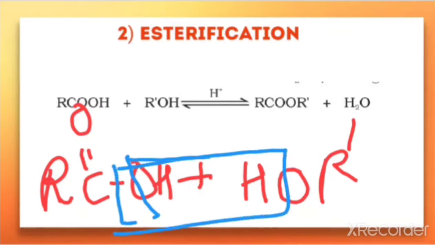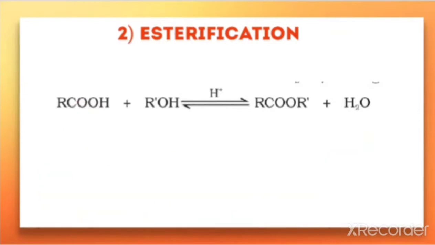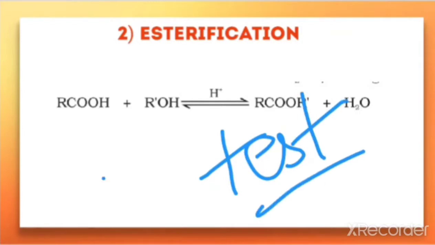And here one H. So what is formed here? Water is formed in this way, that is OH from the acid and H from the alcohol. So it results in the formation of water and ester. Just combine these two parts and you will get the ester. This reaction is called esterification, and it is one of the important laboratory tests to identify the acidic functional group. We can identify it by this test, that is called the ester test.